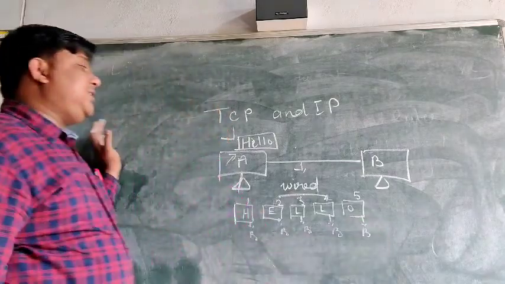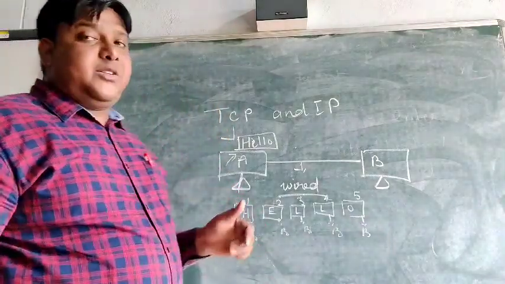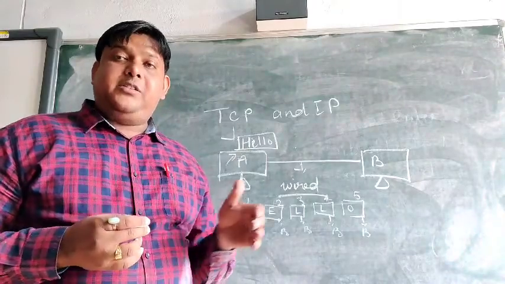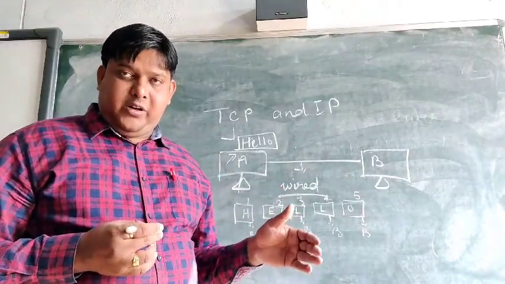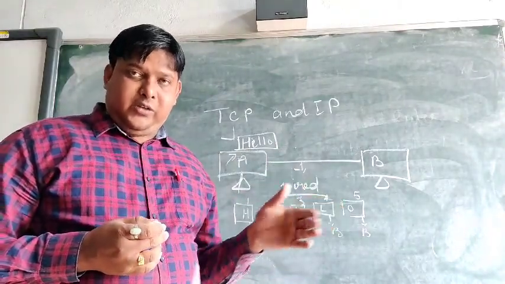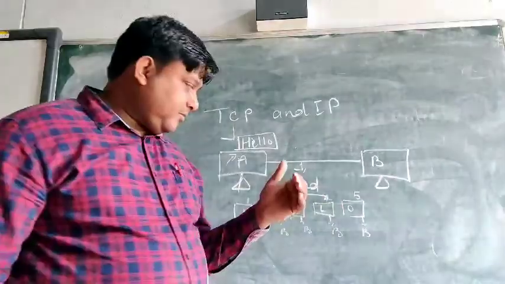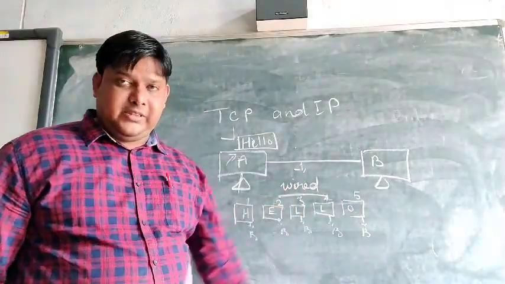So what is the work of TCP at the sender address? It has to break the data into small packets according to the size of the wire, and it allocates the sequence numbers.